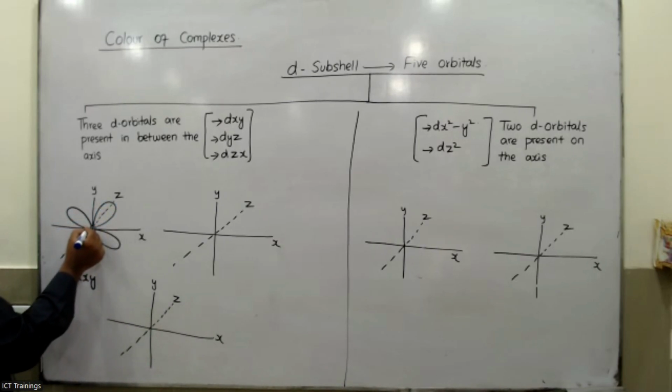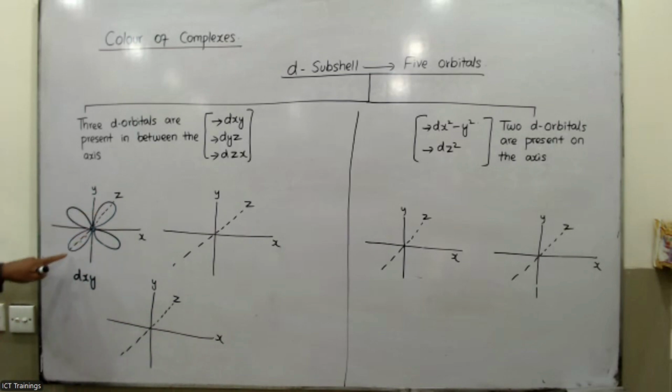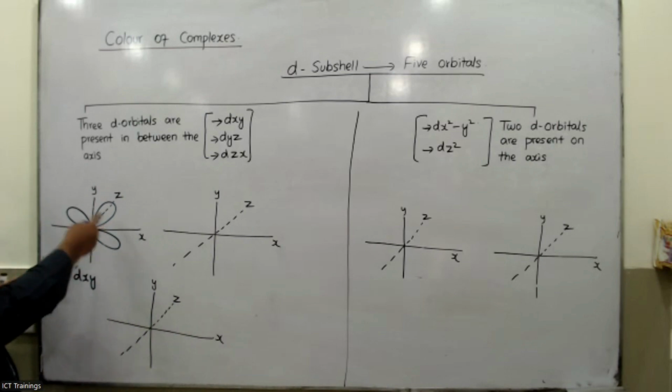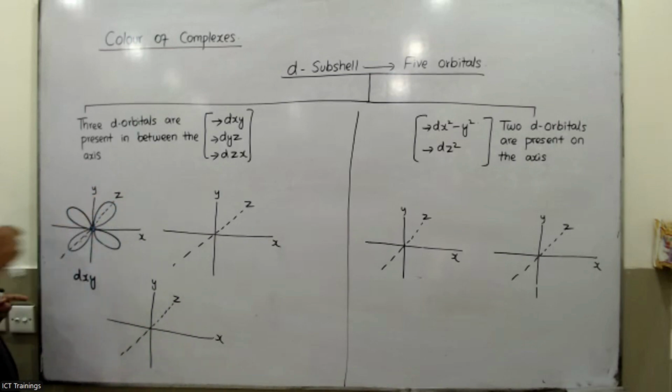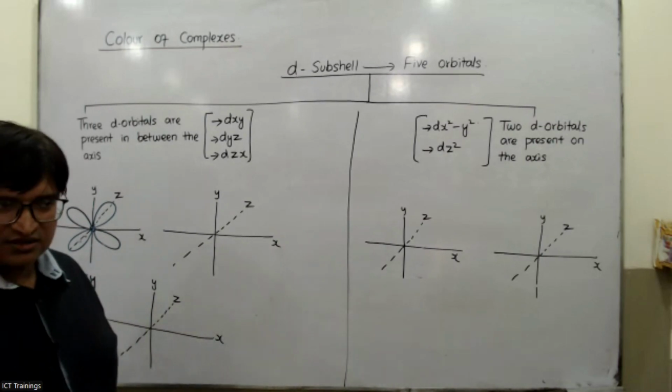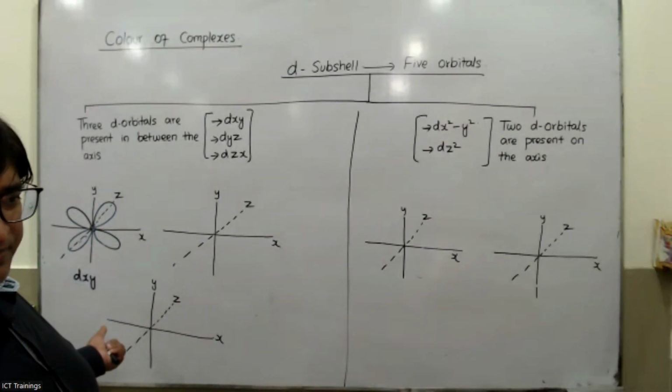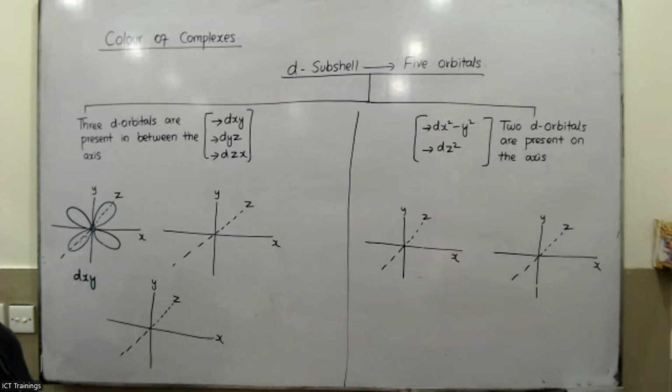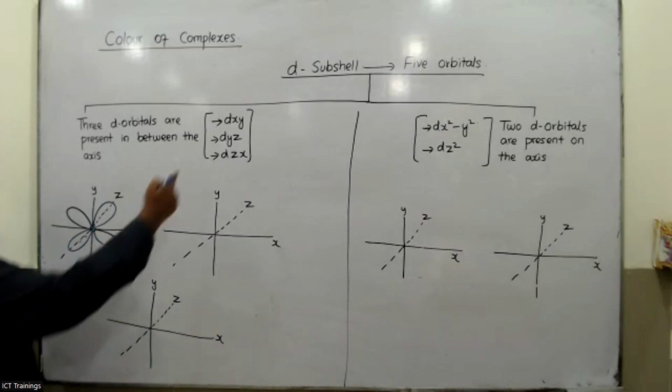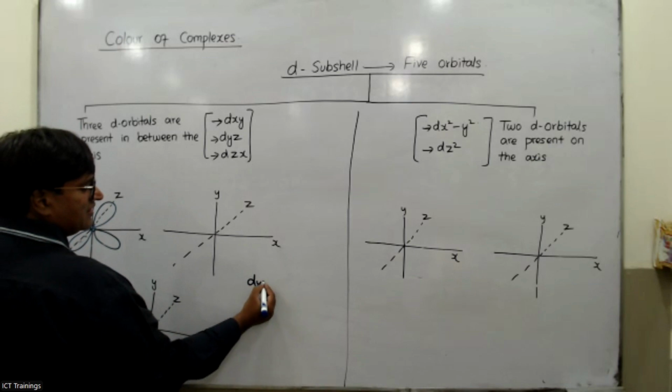The other eight looks like it is present on the z-axis, but the z-axis is coming out of the page and into the page. This eight is not present on the z-axis. If I draw it three-dimensionally, it is present in between x and y, like that. The z-axis is actually coming into and out of the page. Are you getting it? Did you get the point?